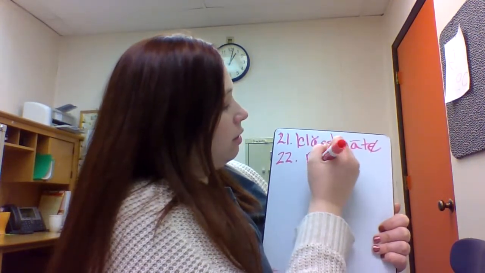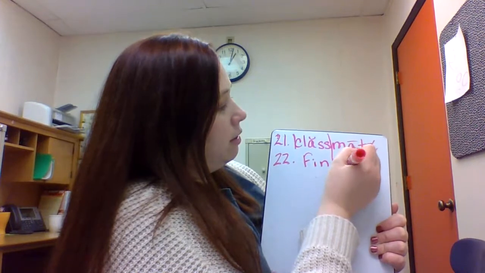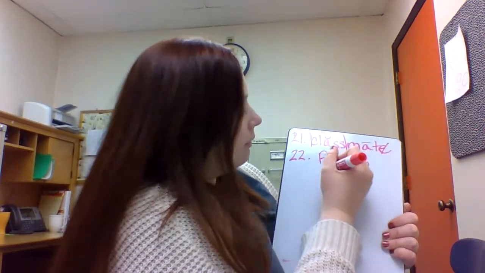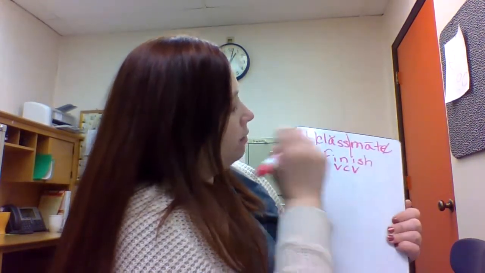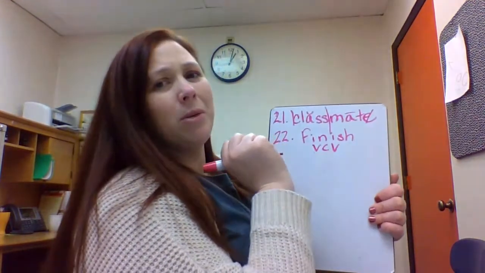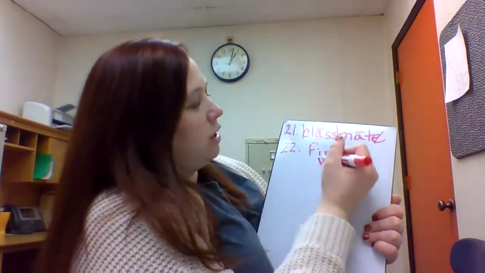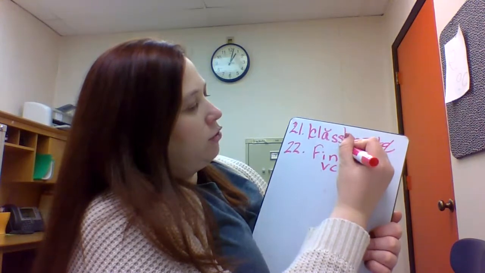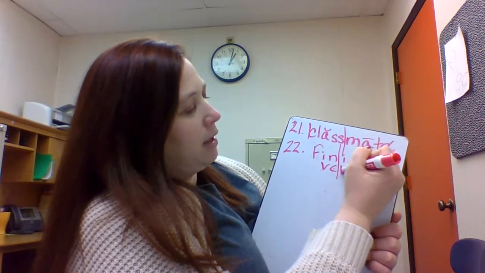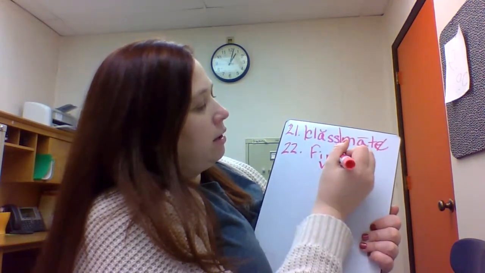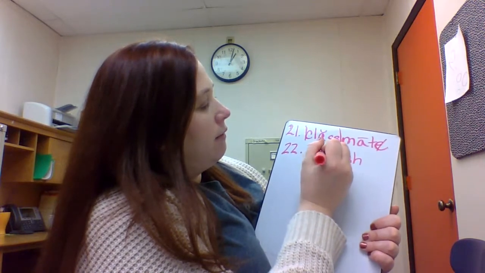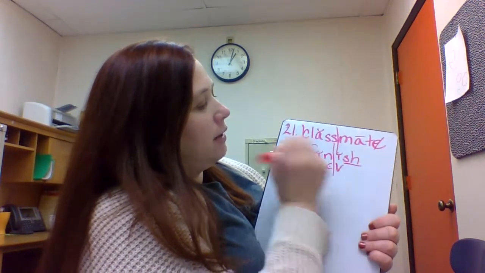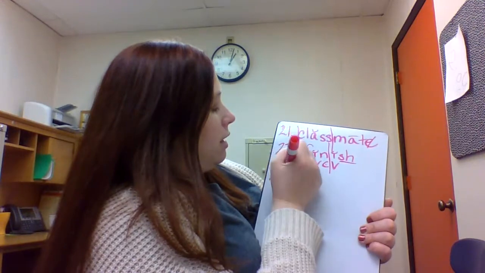Number 22, finish. Here we have vowel consonant vowel. So again, we would say, is it going to be finish or finish? Since it's finish, we need to draw a line between the middle, the consonant, and then the last vowel. Here we have vowel consonant gets a brev, vowel consonant gets a brev, and our SH blend gets underlined.